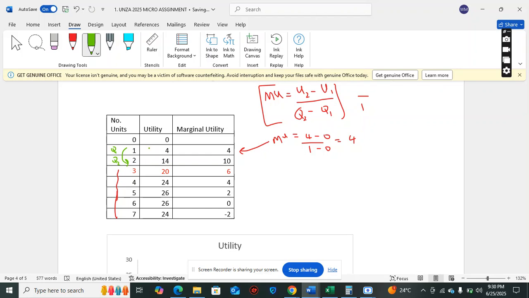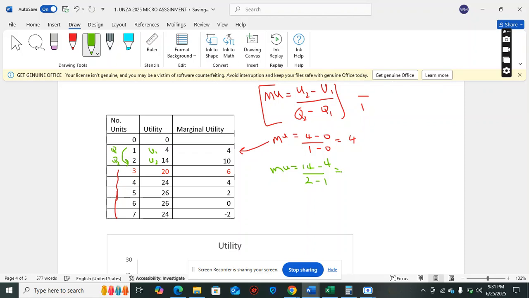Then 4 will be your U1 and 14 will be your U2. So you're going to say marginal utility equals 14 minus 4 over 2 minus 1.